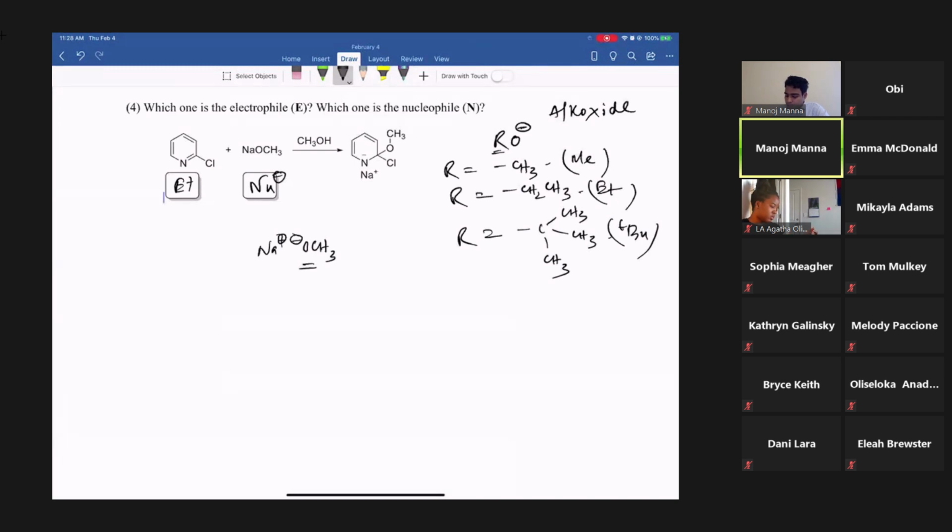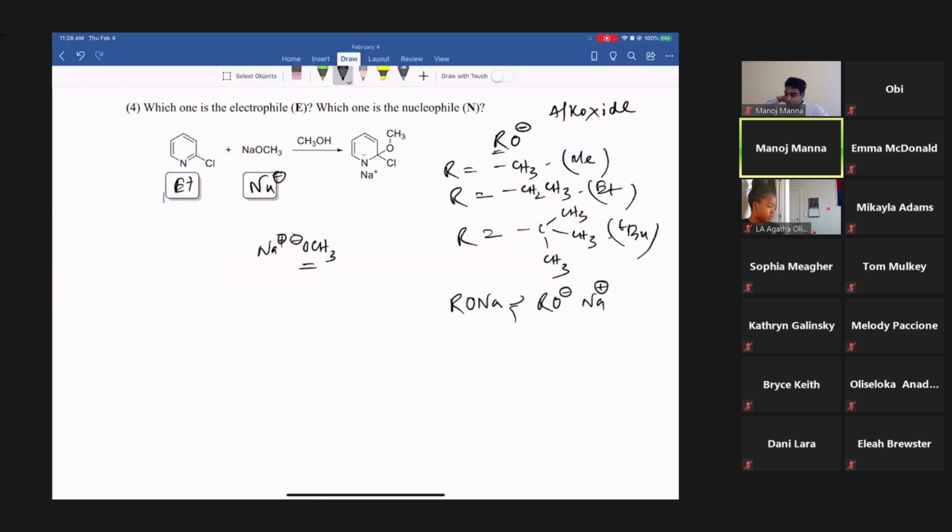So the counterion, instead of sodium, can be potassium or another metal, but this particular site always, if I write it in general form, is RONa. RONa means RO minus Na plus.